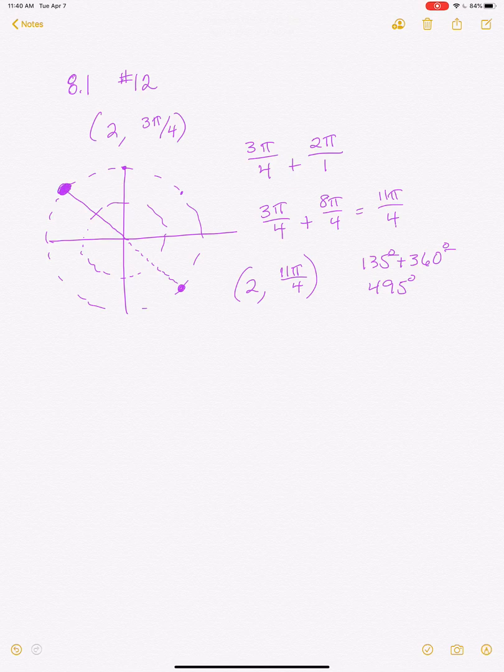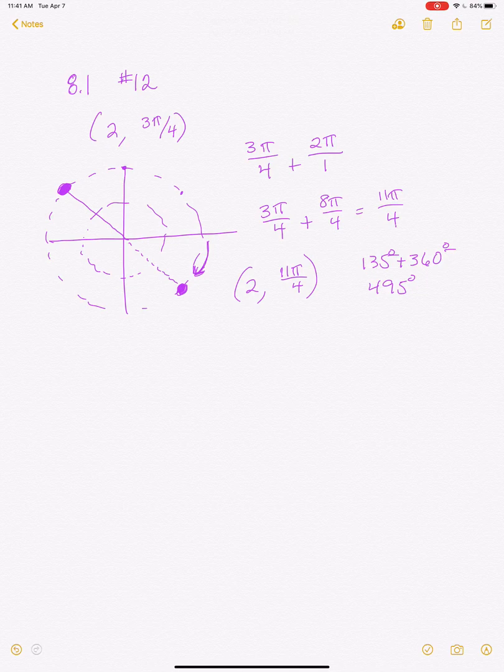So now all you have to do is figure out, well, what would the angle for this point down here be? Well, you could look at it and think, well, that would be negative pi over 4 if you went clockwise. Or if you're not comfortable with doing that and you want all your angles to be positive, then just think about what this would be in the fourth quadrant.